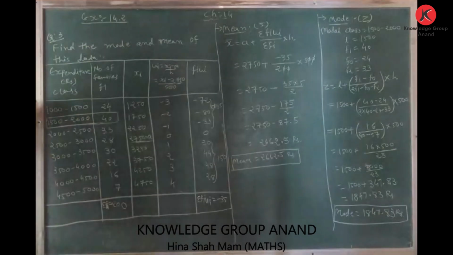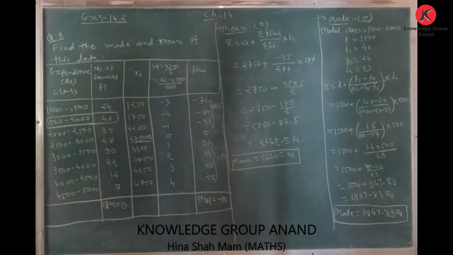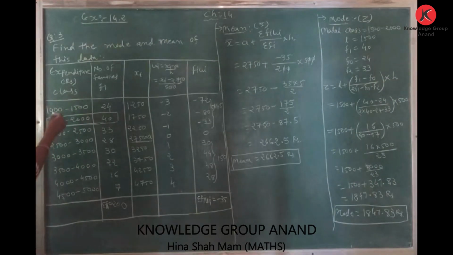We have been given these classes, 1000 to 1500, 1500 to 2000, 2000 to 2500. Our class size is equal to 500. These classes are continuous and their size is equal to 500.